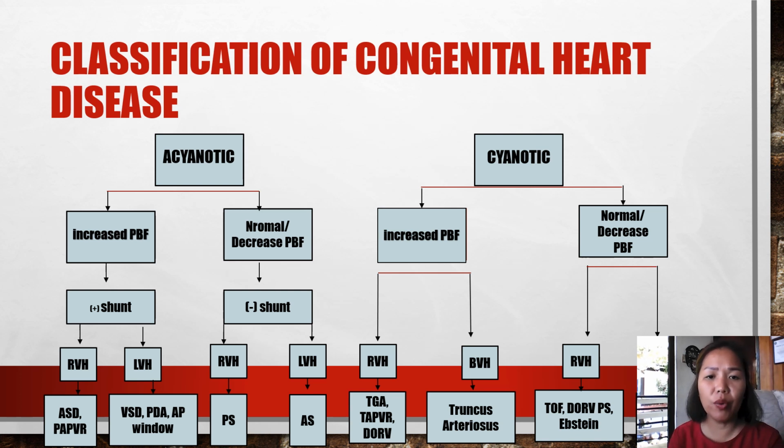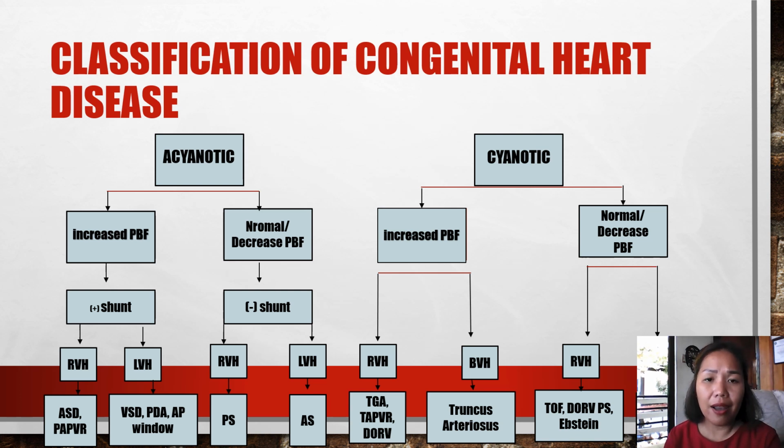However, when you are dealing with a cyanotic cardiac lesion with increased pulmonary blood flow and right ventricular enlargement, you might be dealing with a transposition of the great arteries, total anomalous pulmonary venous return, or double outlet right ventricle without pulmonary stenosis.